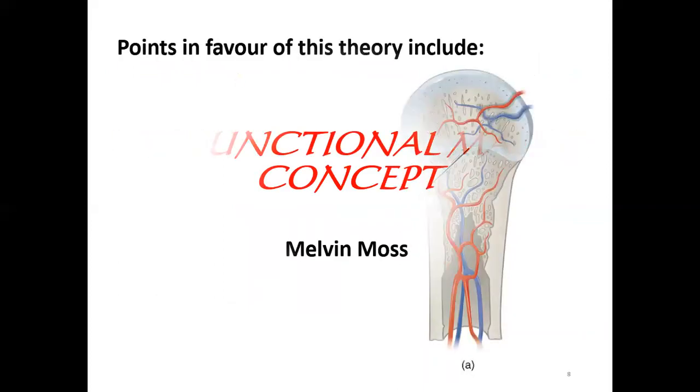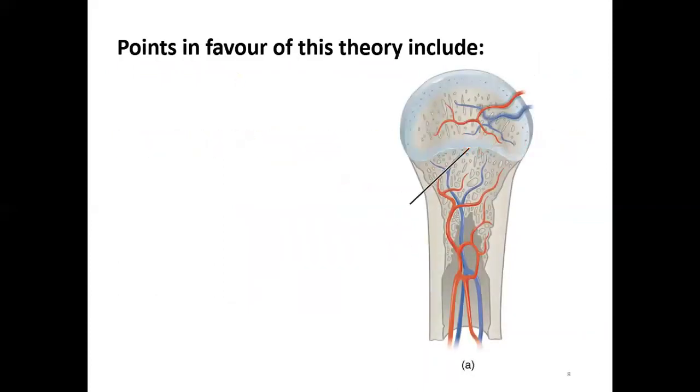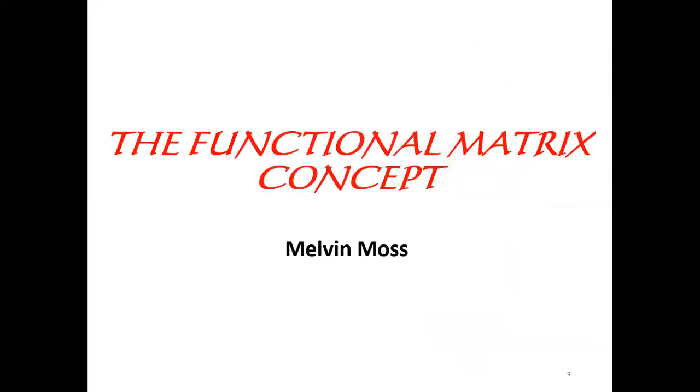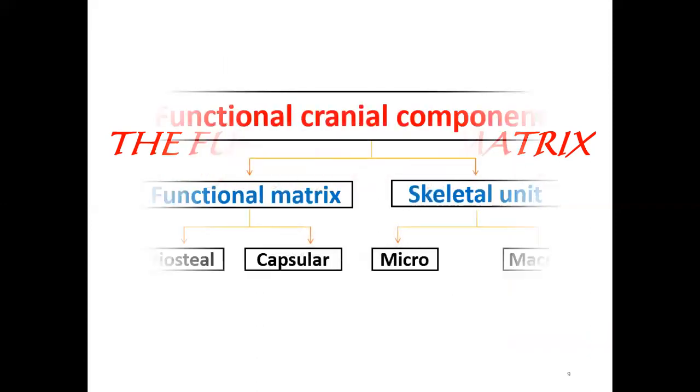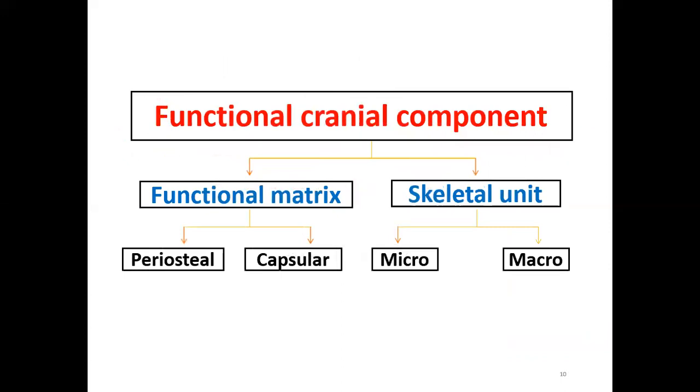Many points favored this theory. One point is that when an area of cartilaginous junction is transplanted to another location, it continues to grow. After many years, Melvin Moss came up with the functional matrix theory.